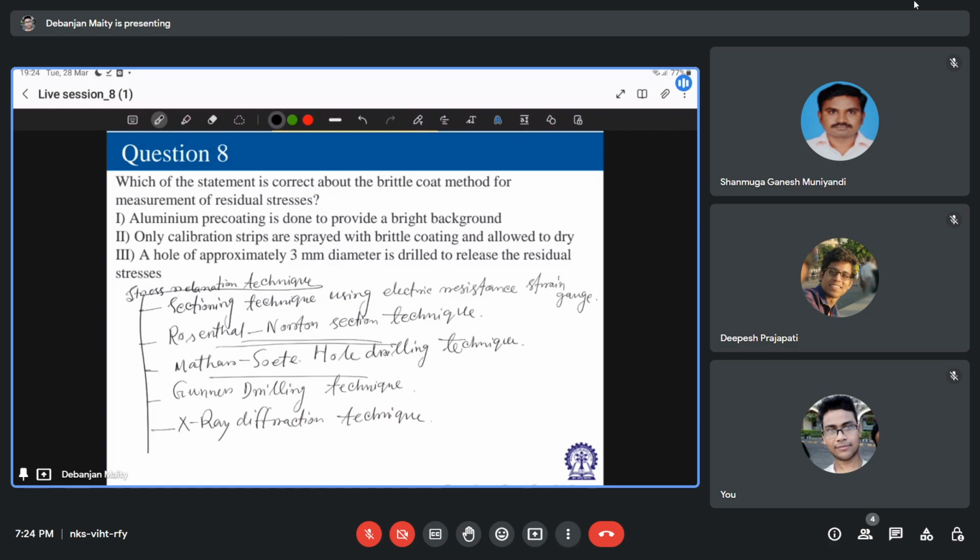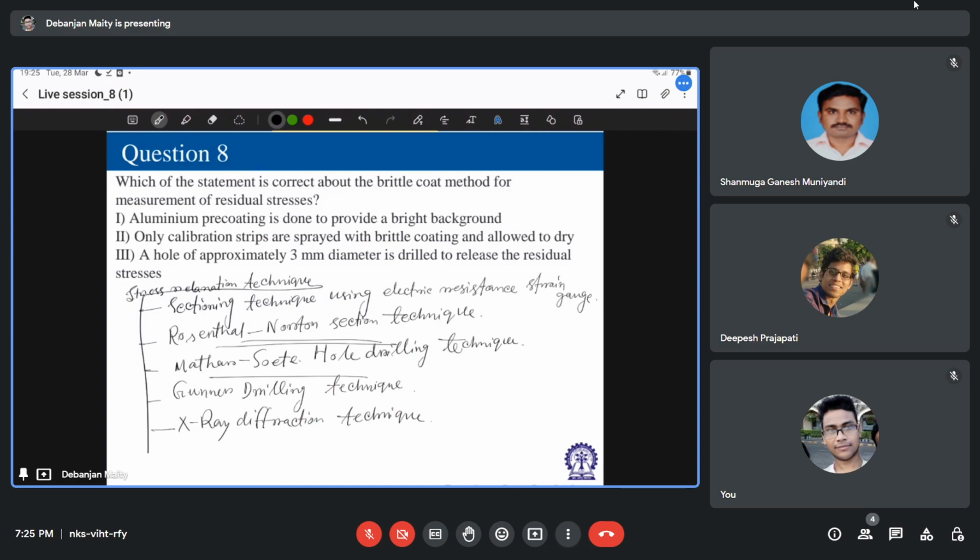Honestly, X-ray diffraction has been used to measure residual stress for years. Obviously, the technique requires some expertise, especially if you want high accuracy, and this technique relies on residual stress causing the normal lattice spacing of a crystal to change, right?